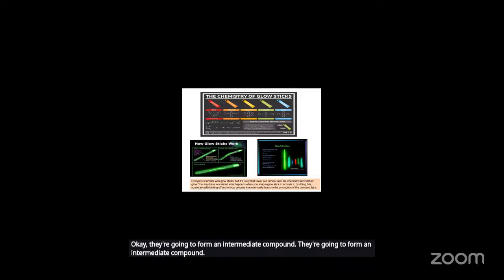So when there's a mixture of this oxalate ester that contains the dye and hydrogen peroxide, they're going to form an intermediate compound. When you go through this tiny write-up, you're going to see that. This intermediate compound is highly unstable.